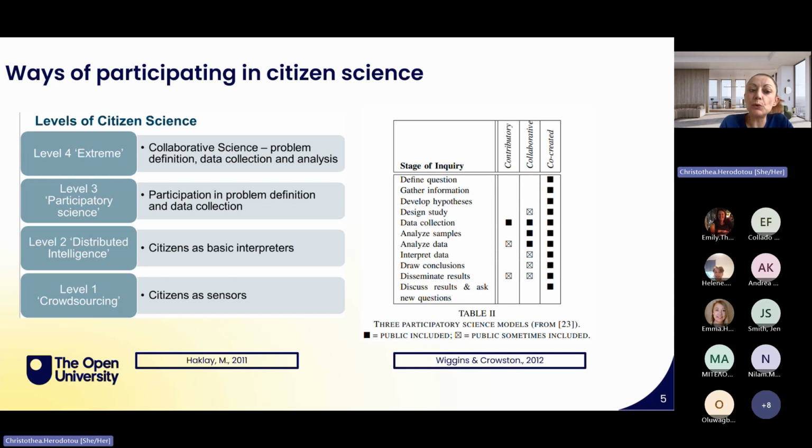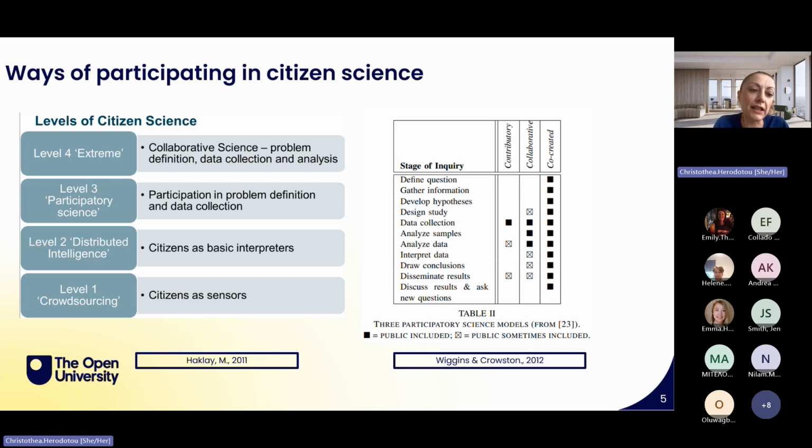In level 2, we have citizens as data collectors and data analysts. And actually, most of the citizen science projects at the moment focus on level 2. Level 3 and level 4 are a bit more demanding in terms of people's engagement with research. So in level 3, we have people participating in defining a research problem and also collecting data.